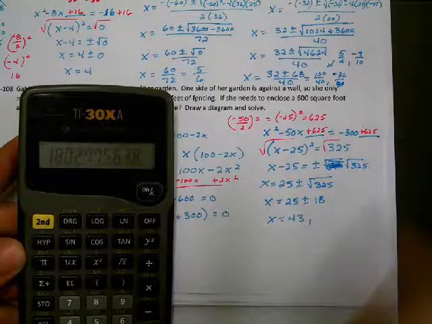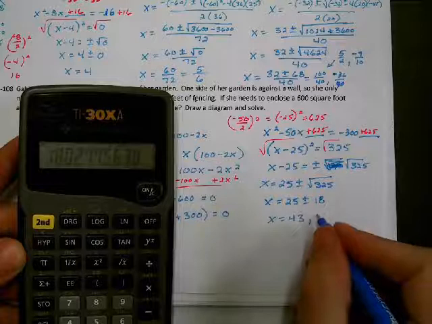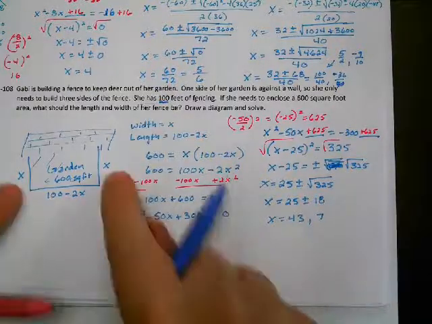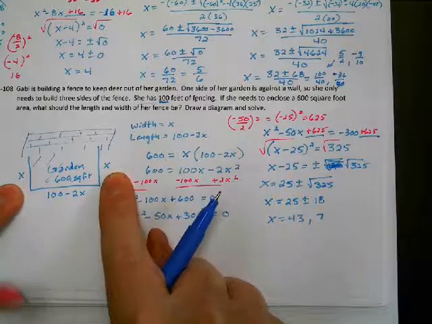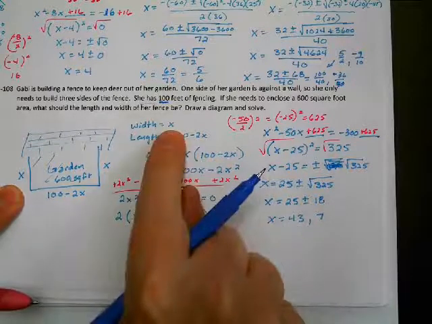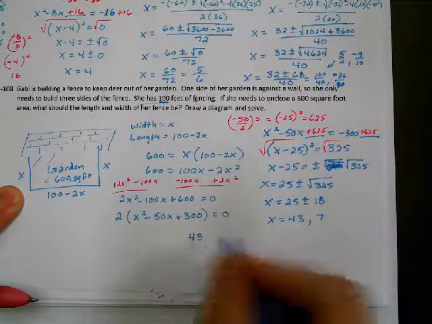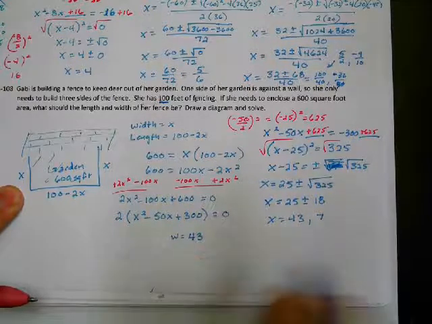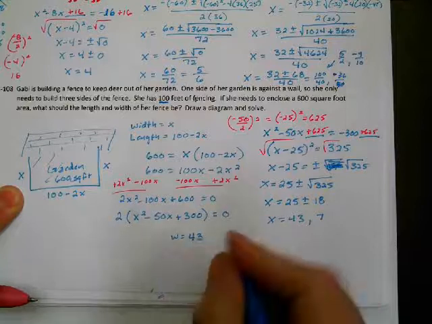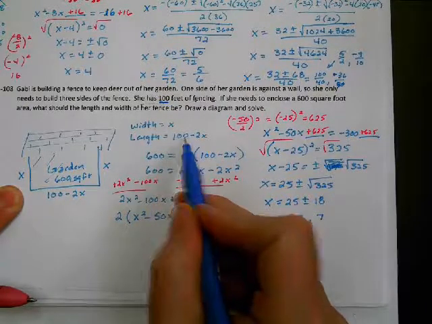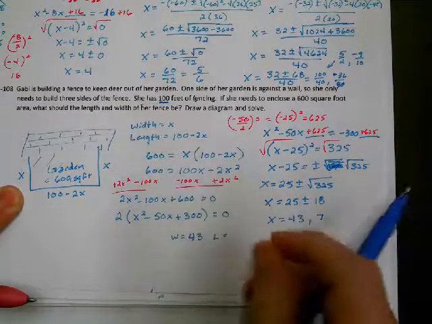So there's two answers for the width. One of my answers for the width is 43. If 43 is my width, my length would be 100 minus 2 times 43. 2 times 43 is 86.